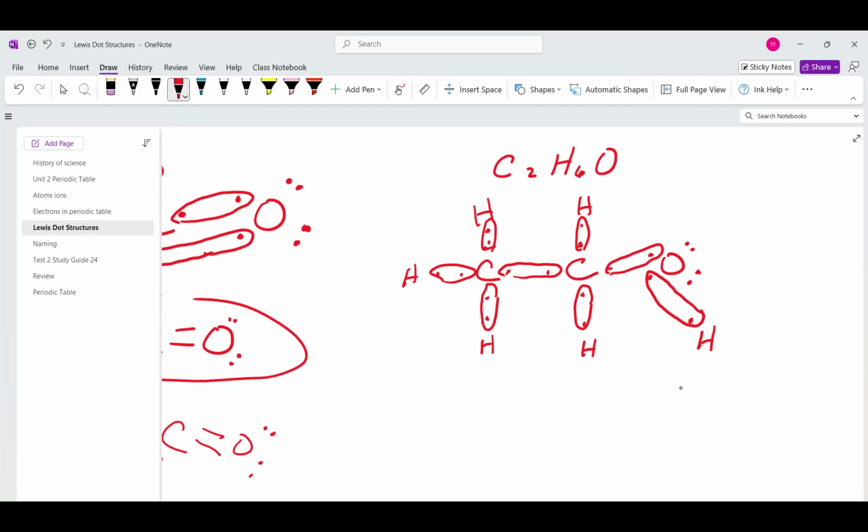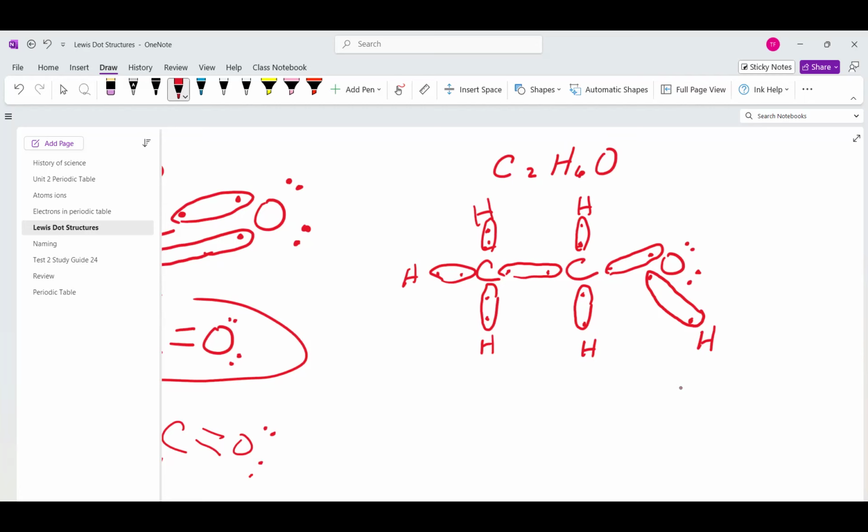Okay, now let's check for whether it's legal or not. Let's check for octets for the carbon and the oxygen. So the left carbon's got 2, 4, 6, 8. The right carbon's got 2, 4, 6, 8. And I'm counting bonds now. And if there's an electron pair, oxygen on the right, it's got 2 bonds.